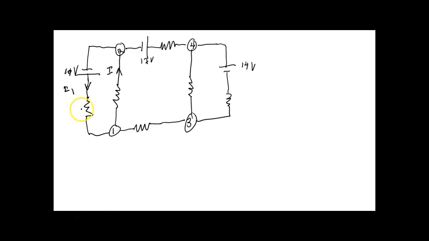That first resistor, R1, is a 2 ohm resistor. R2 over here is a 4 ohm resistor. Already labeled that one. R4 up here, through which I4 is going. R4 is 2 ohms.